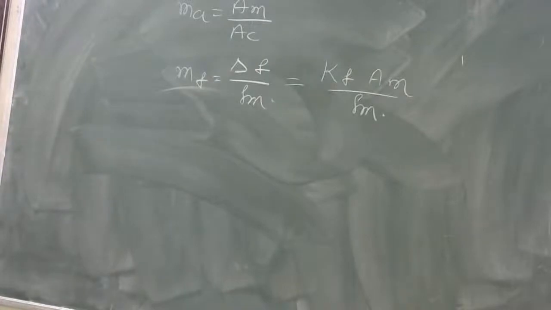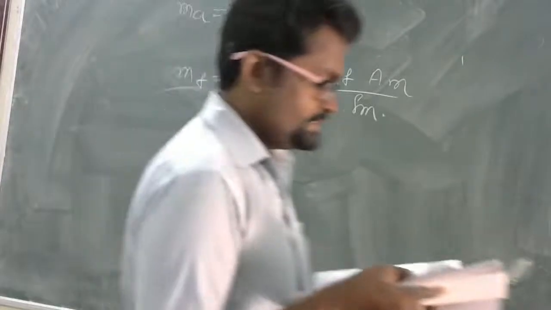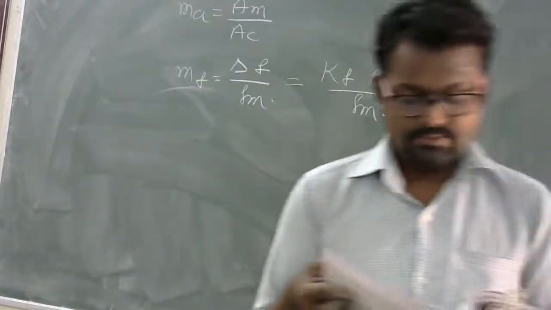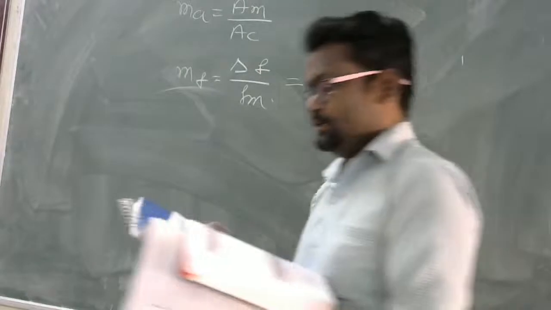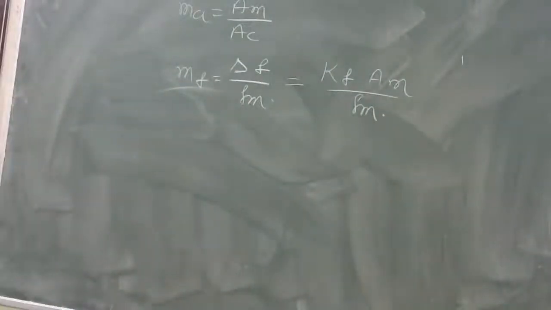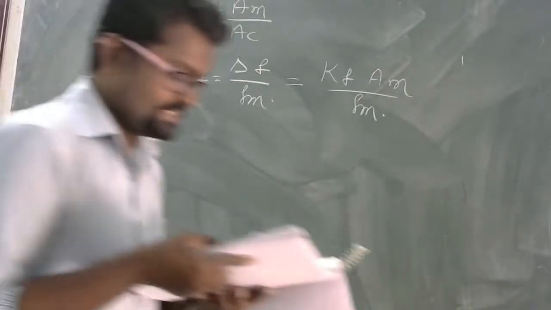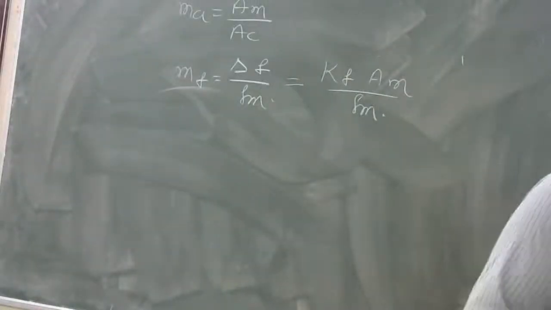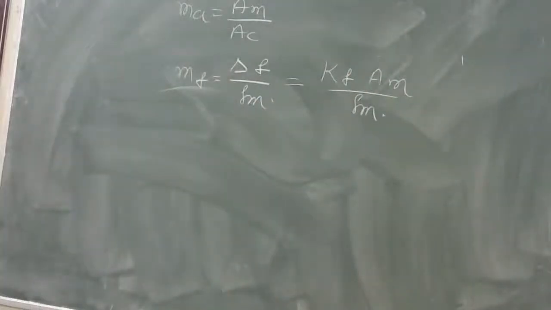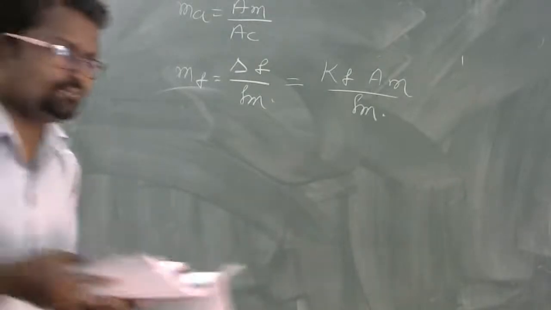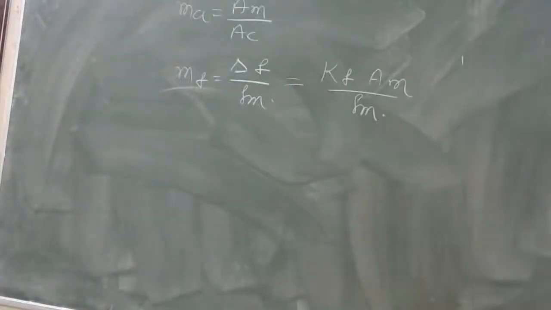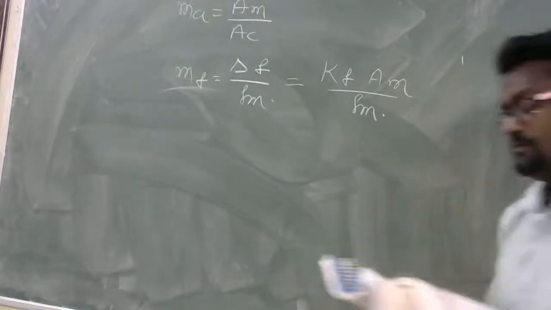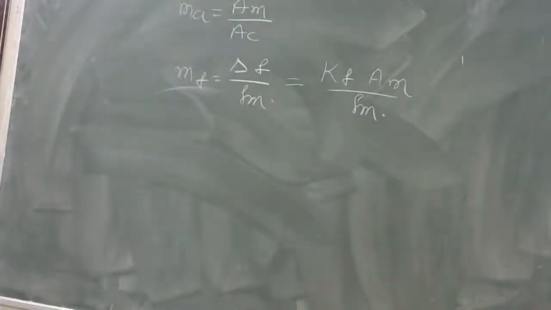The modulating signal frequency is 2 kilohertz. Calculate the value of carrier frequency, frequency deviation, carrier swing, and the modulation index.